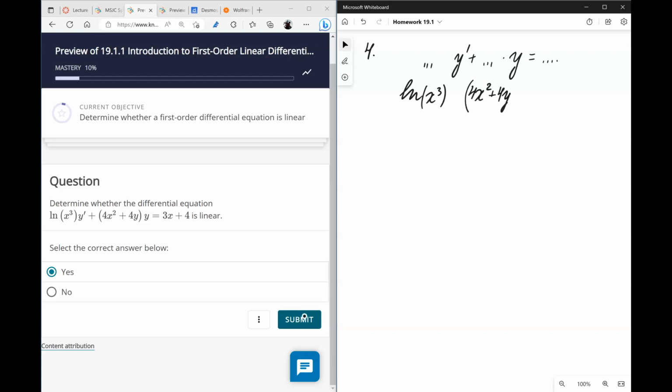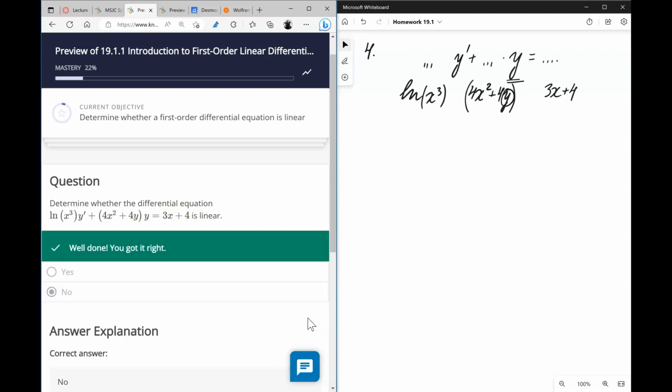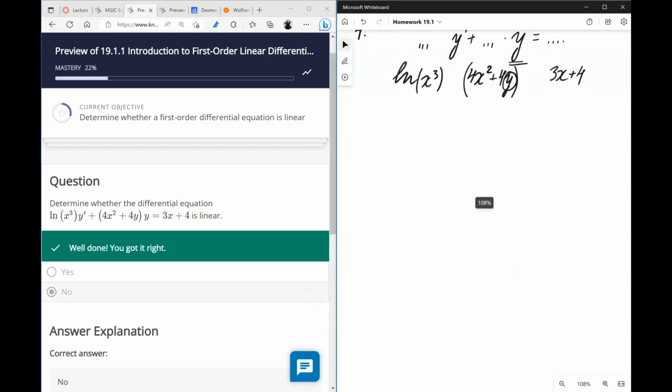Oh, actually, no, never mind. Good thing I actually decided to write it out, because since we have y over here, that breaks this pattern of only having one y outside of that coefficient. So this is, again, a non-linear differential equation. It is still the first order, but it's not linear.